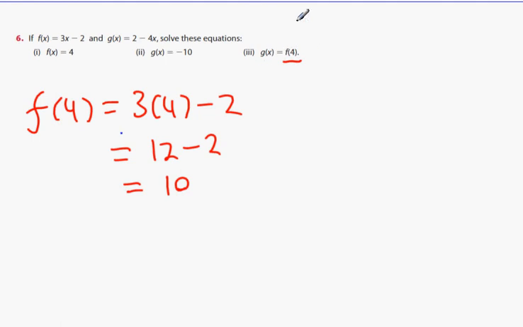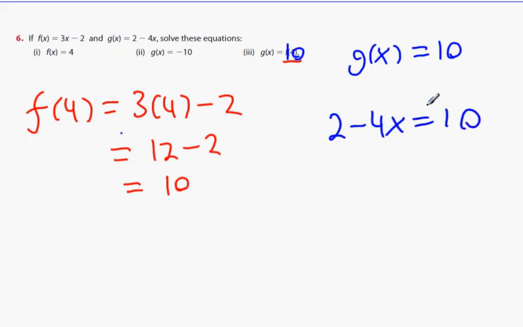Now, what can I replace f4 with? And what does this question mean? Find the input value for g when the output is 10. So what do I write next? 2 minus 4x equals 10.